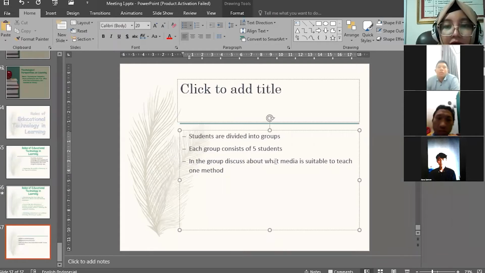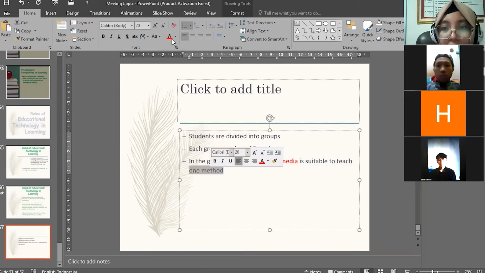Yeah, the media here you choose by yourself. The method also you choose by yourself in your group.